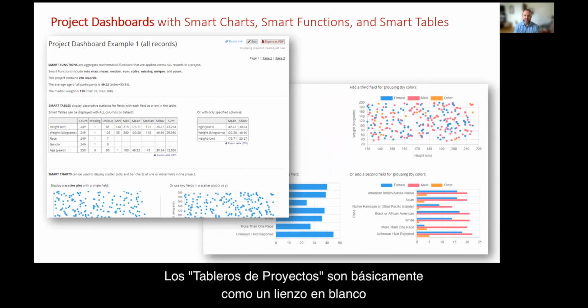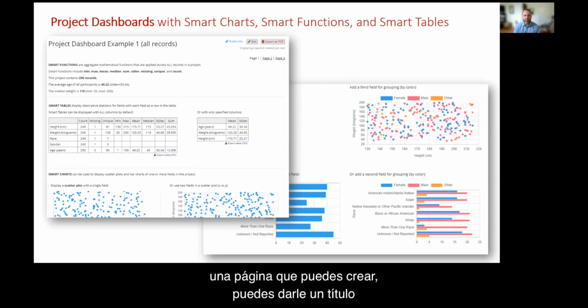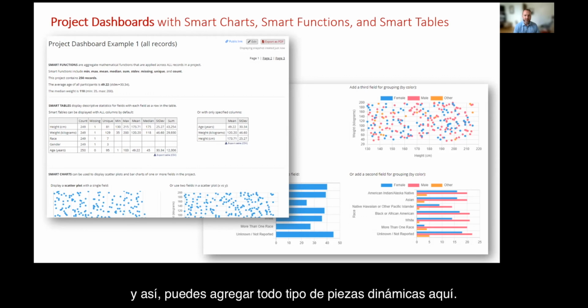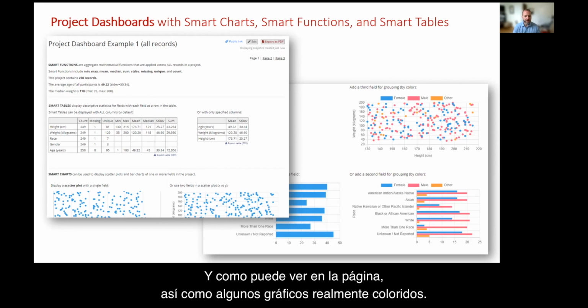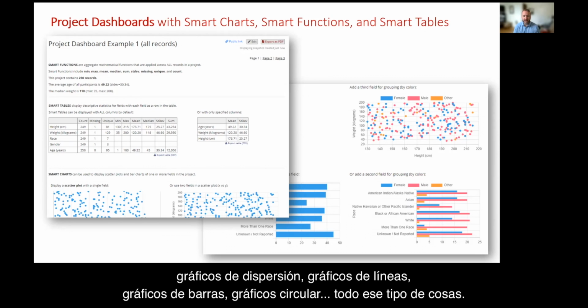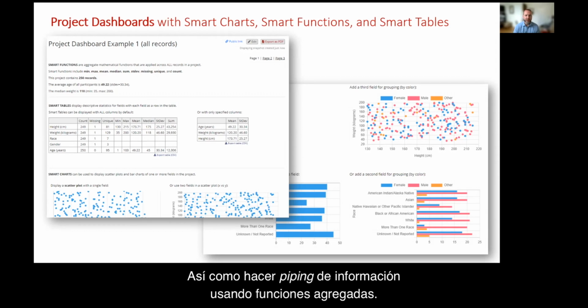Project dashboards are basically a blank canvas, a page that you can create. You can give it a title, you can give it content, and it can be dynamic content. So you can add all kinds of dynamic pieces here, such as these smart charts, functions, and tables to really make it look interesting, like descriptive statistics right there on the page, as well as some really colorful charts, scatter plots, line charts, bar charts, pie charts, all kinds of things like that, as well as piping in information using aggregate functions.